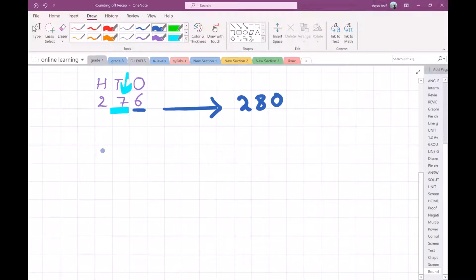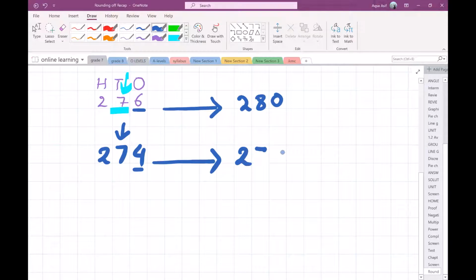Let's consider another example. Let's suppose we had 274 and we had to round it off to the nearest 10. Since he has gone till the fourth step, he hasn't taken the fifth step, so he will move backwards and the rounded off number will be 270.